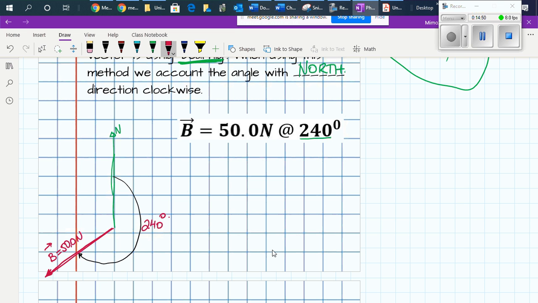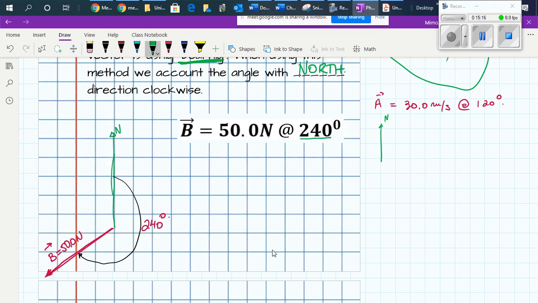If we have another one, let's say that we have a vector A with magnitude of 30 meters per second at, I don't know, 120 degrees with bearing, then the way that we will represent it is something like this.